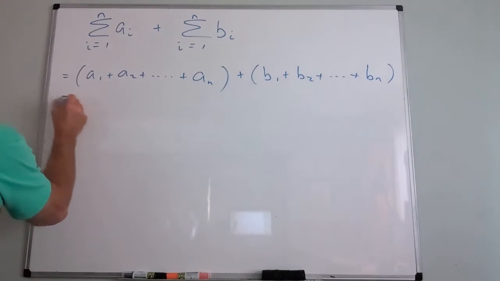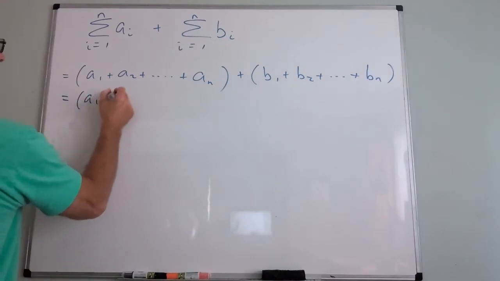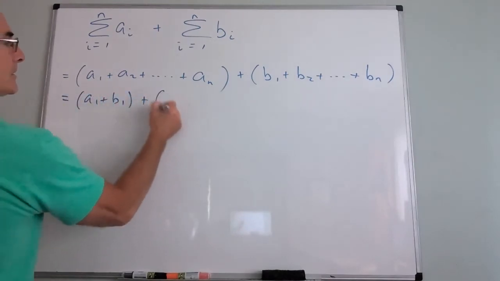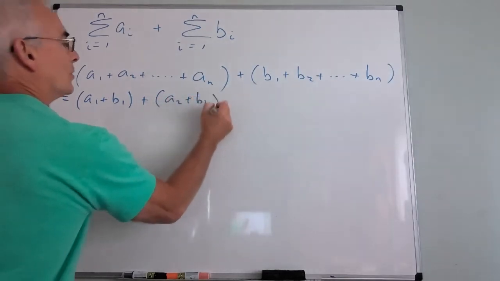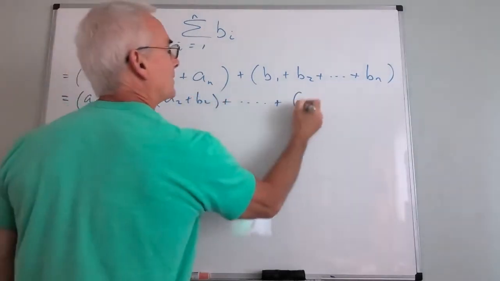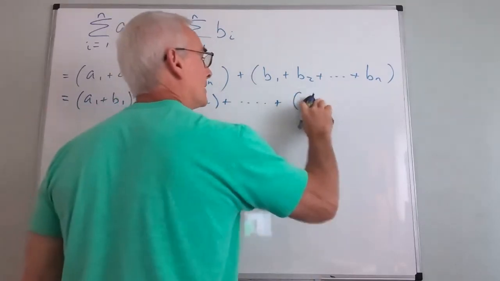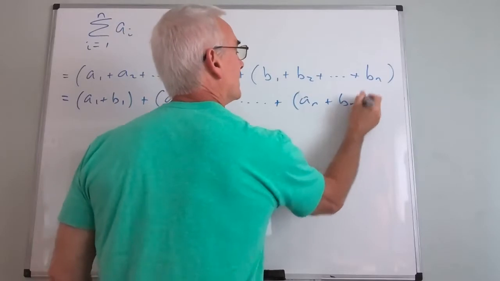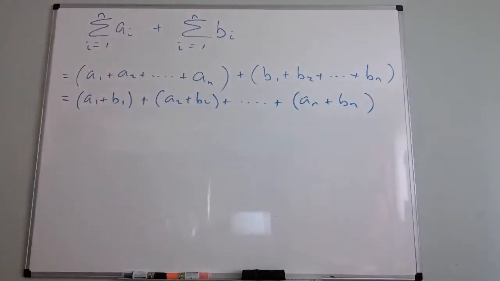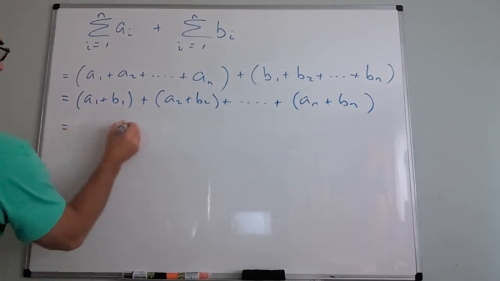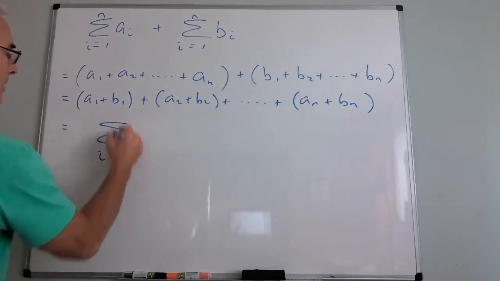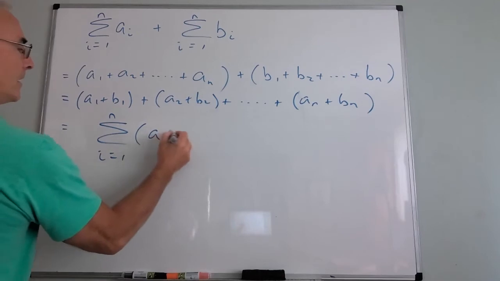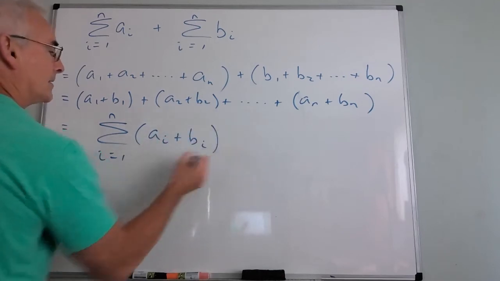So I could write this like this: a1 plus b1 plus a2 plus b2 plus all the way up to a sub n plus b sub n. So I just applied a little bit of algebra to this. Well, why is that important? Because this is the sum from i equal 1 to n of a sub i plus b sub i.